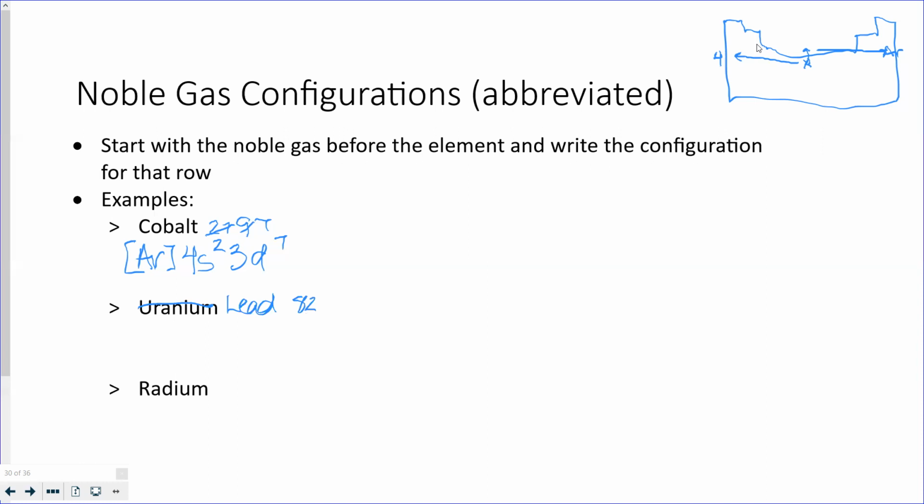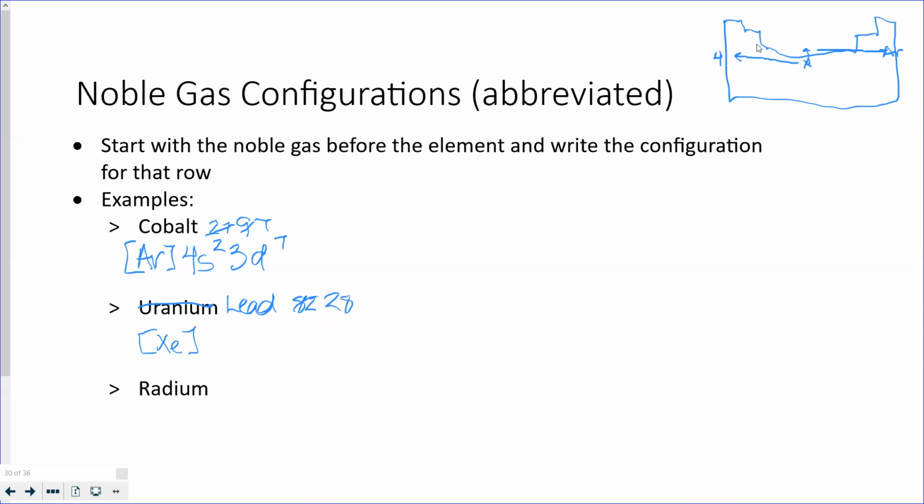The noble gas before lead is xenon, which is Xe. That takes the place of 54 of our 82 electrons. So that takes a lot out of the beginning stuff, and then we only have 28 electrons that need a place to go.